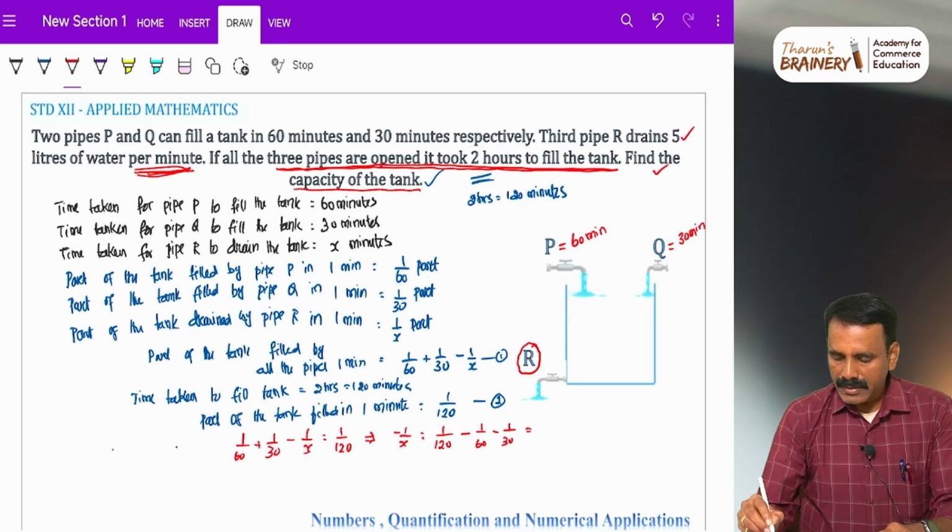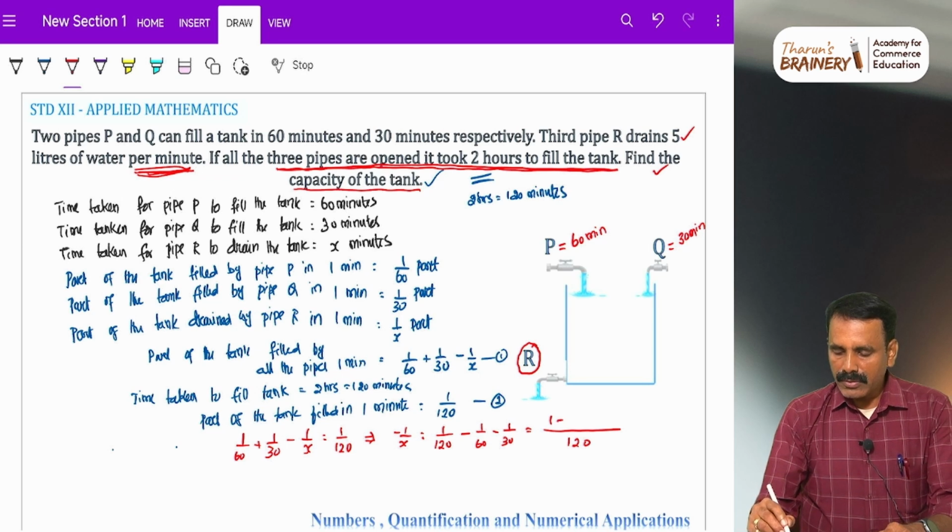We take LCM, LCM will be 120. So, this is 1 minus 60 will go 2 times in 120. So, we multiply with the 2 in the numerator, minus 30 will go 4 times in 120. So, we multiply with the 4.